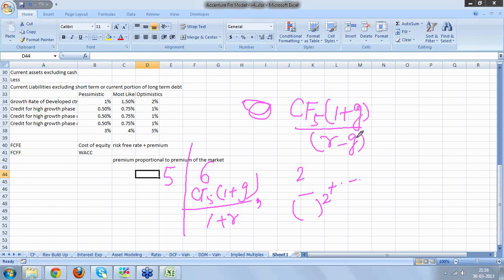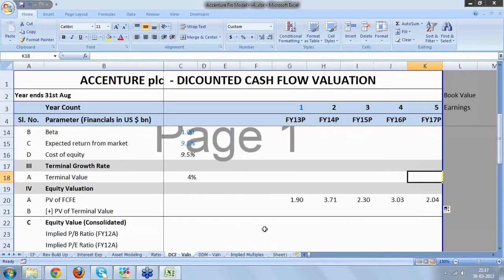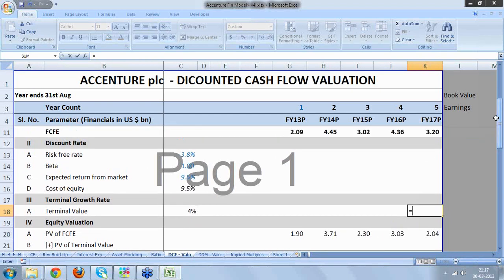So I'll take this formula and model my situation here. I come back to this place: cash flow in the outermost year times (1 plus growth rate) divided by (R minus G).